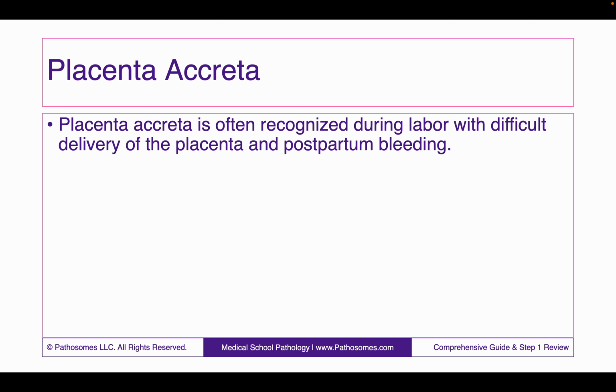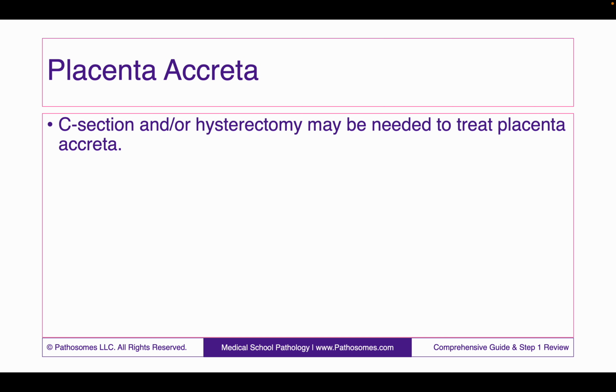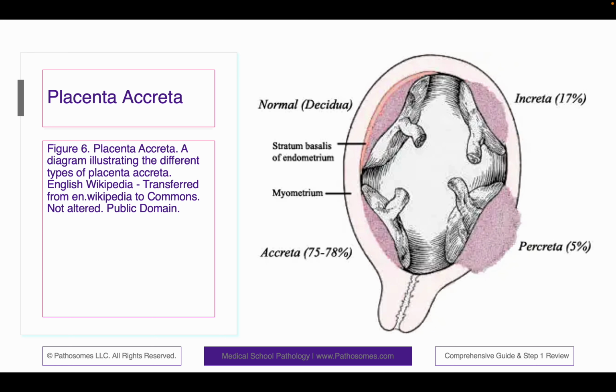Placenta accreta is often recognized during labor with difficult delivery of the placenta and postpartum bleeding. C-section and/or hysterectomy may be needed to treat placenta accreta. And here we have a cartoon showcasing various forms of pathology such as accreta, increta, and percreta.